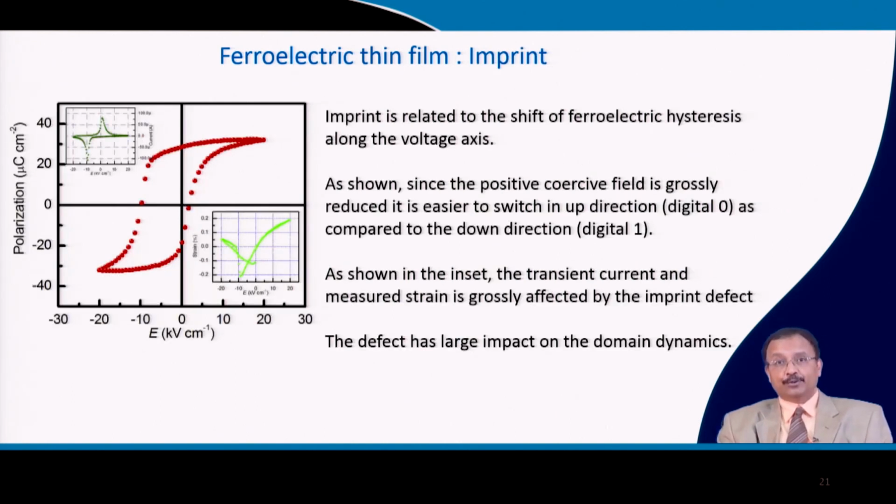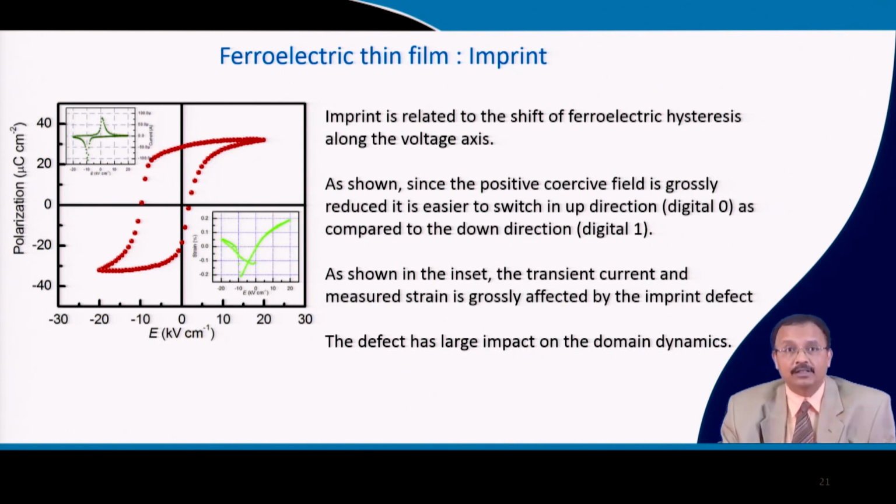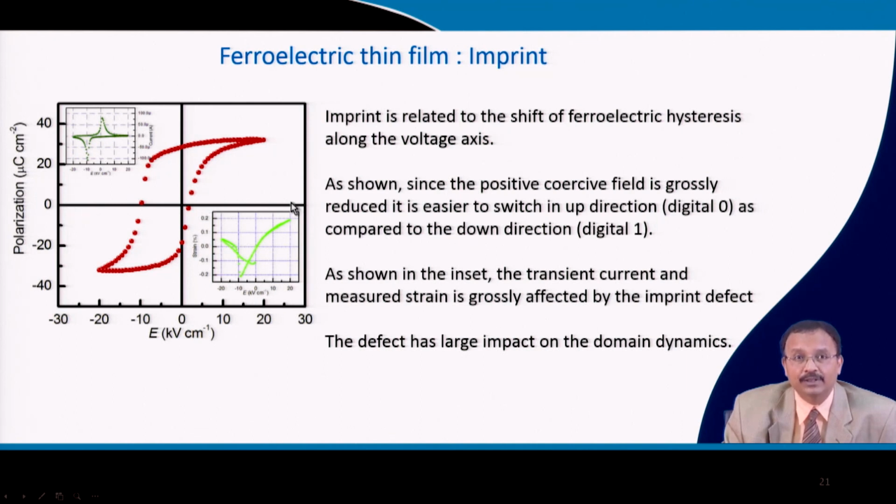Another defect which is important is called imprint, and this imprint is related to the translation of the ferroelectric hysteresis loop either towards the positive x or negative x direction. So, it moves along the voltage axis. As a result, if you want to switch this ferroelectric memory, you need a very small voltage if you go from the positive up direction, as compared to the negative down direction, where you need a much larger voltage to switch it.